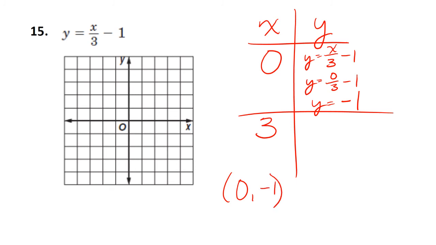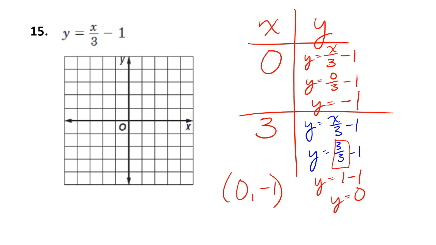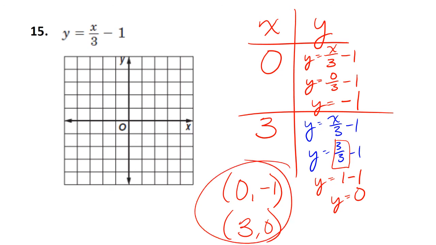And then I have x value 3, so let's rewrite this function. y equals 3 over 3 minus 1, and we do division first. 3 divided by 3 is 1, so y is equal to 1 minus 1, so y is going to be equal to 0 in this case. So I have an ordered pair of 3, comma, 0. Once you have these two ordered pairs, we have 2 points that we can make a line with.